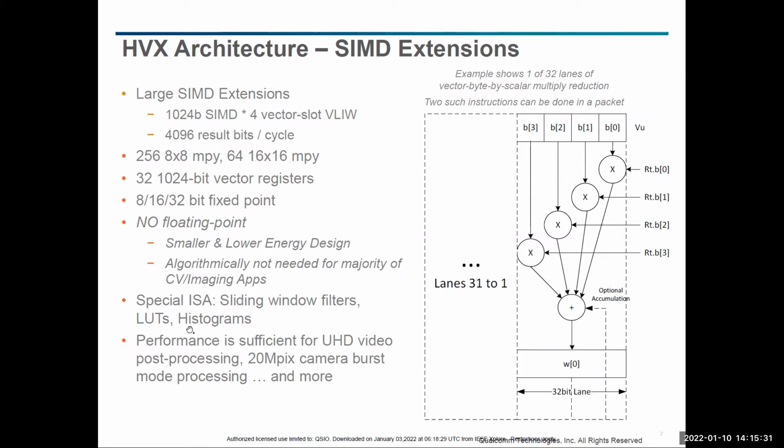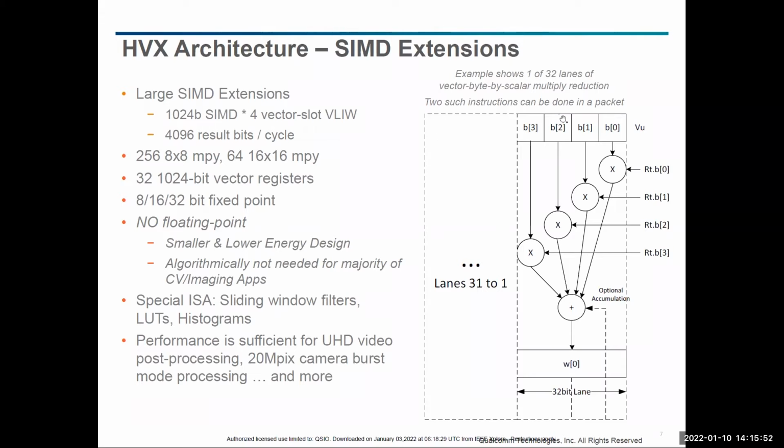So there are direct instructions added into the HVX ISA so that we can get meaningful information for imaging related applications. And that is one of the primary reasons why we call it a domain specific architecture. It is very much suited for image processing kind of applications.